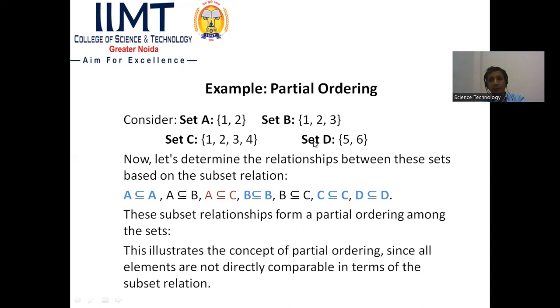And we have one more set D, which is 5 and 6. By seeing these four sets, we notice that A is a subset of B and B is a subset of C. And A is also a subset of C.